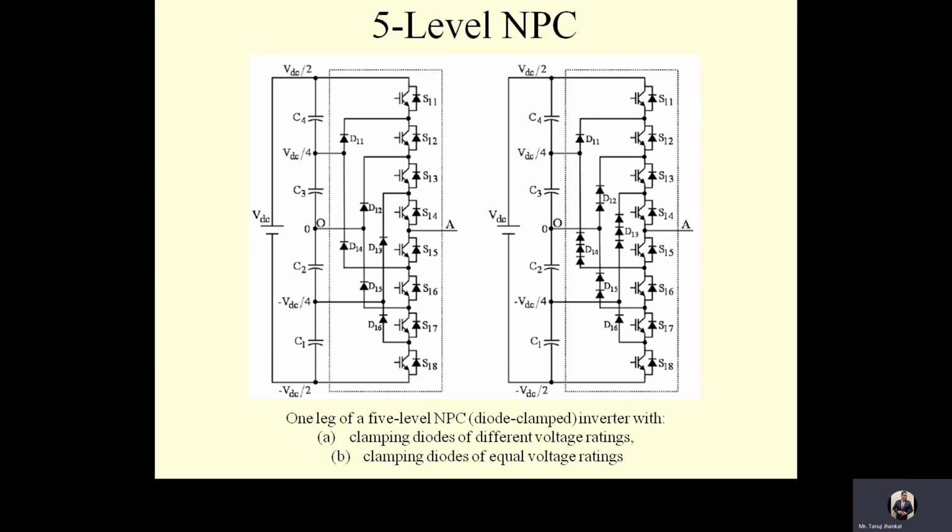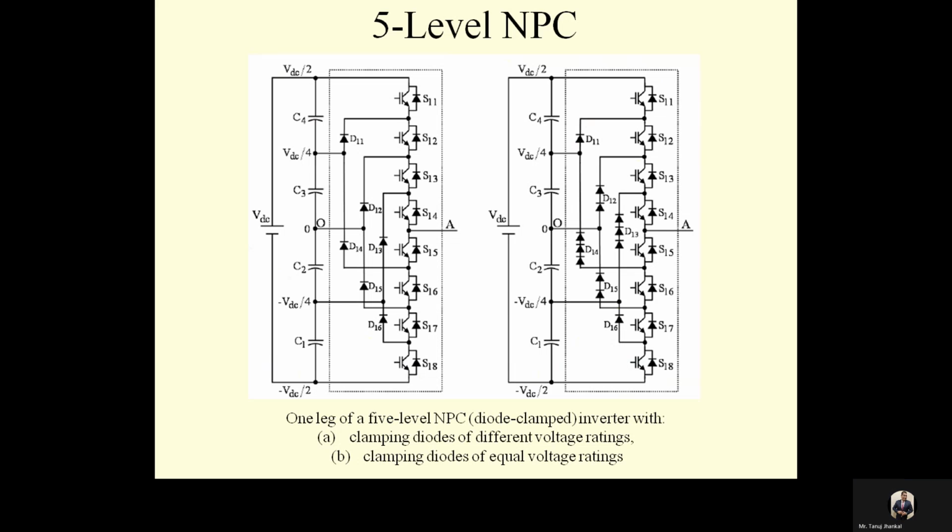In this case, the total number of diodes required per pole of the inverter is given by n-1 into n-2, which shows a substantial increment in the diode count.